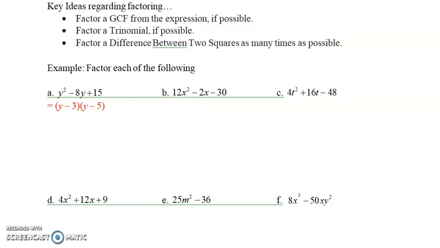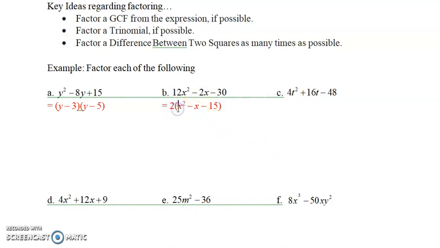Okay? Next one. Here, of course, what you want to do is factor out the GCF. So the GCF of 12, 2, and negative 30 is 2. So pull the 2 out at the beginning, and we're left with 6x squared minus x minus 15.